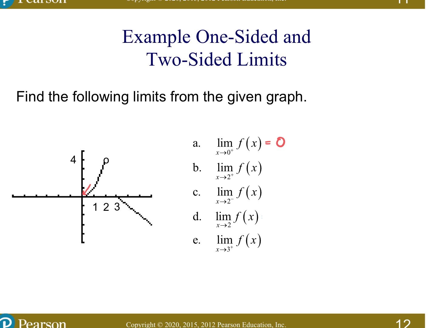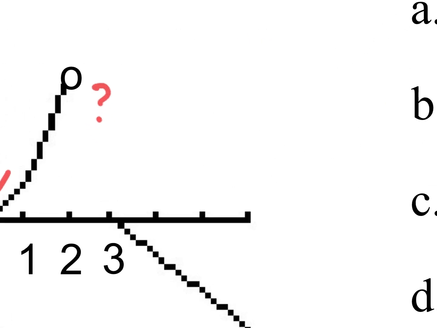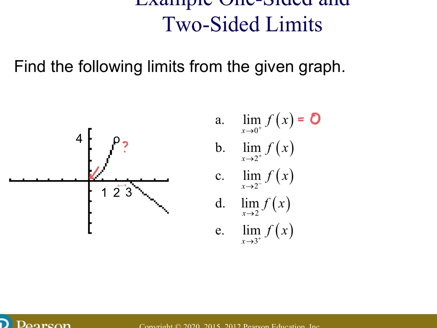Approaching 2 from the right. Okay, approaching 2 from the right. Boy, there is nothing on the other side of 2. There's a big gap between 2 and 3. If you zoom in on that, like between these two spaces here, there's no graph at all. There's no function. And so that limit does not exist on the right-hand side.